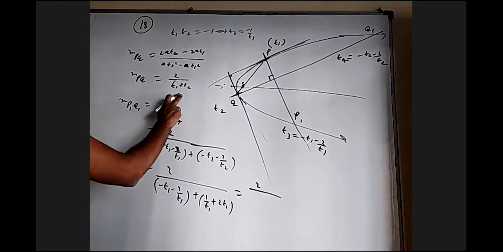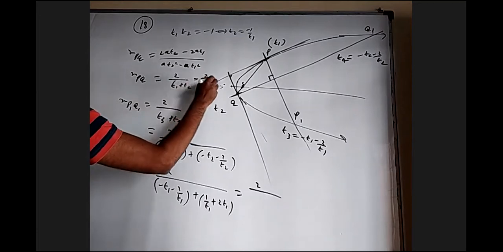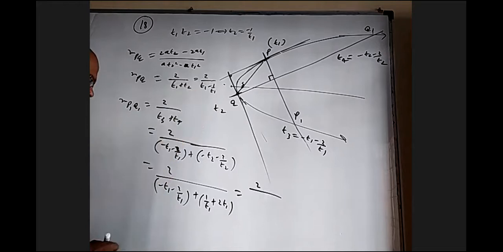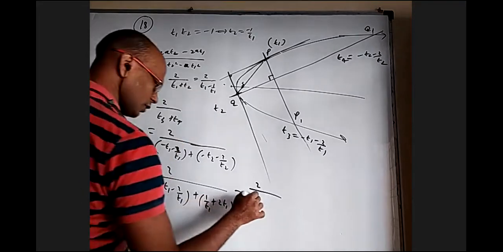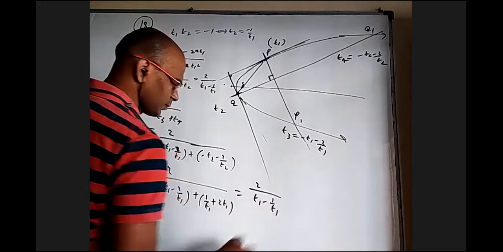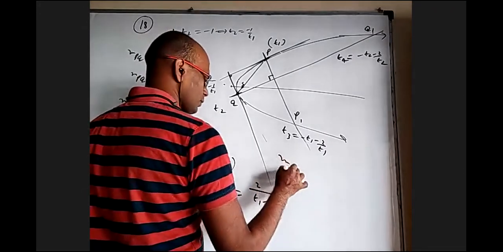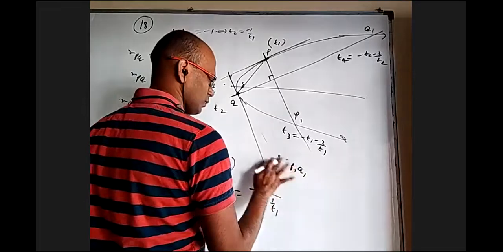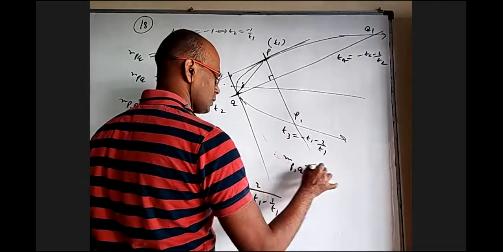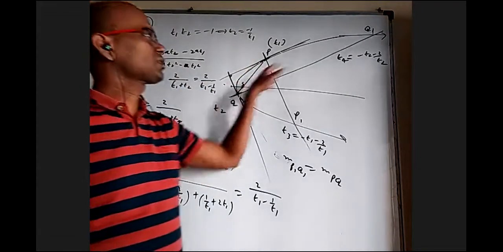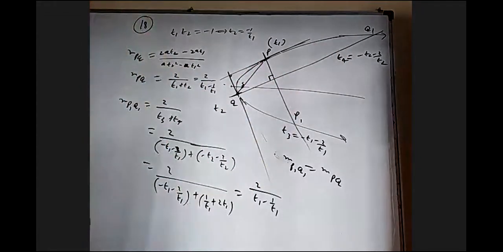Here also I can write -1/T1. 2 into (T1 - 1/T1). Here also we are getting T1 - 1/T1. Both are same. So slope of P1Q1 is same as slope of PQ. That means the sum of the T values for these two and the sum of the T values for these two are same.